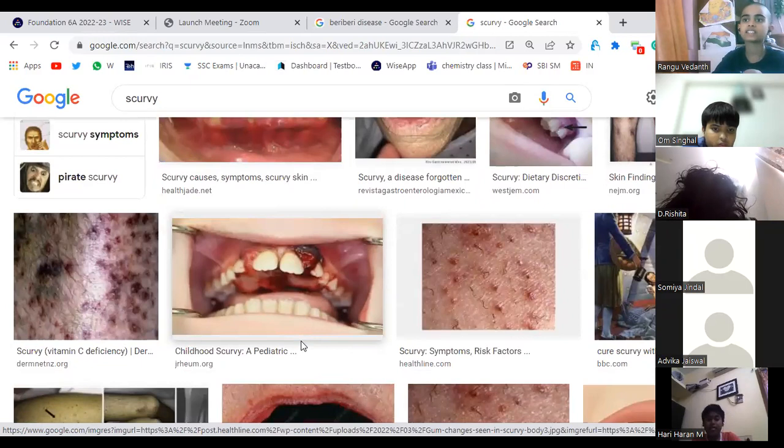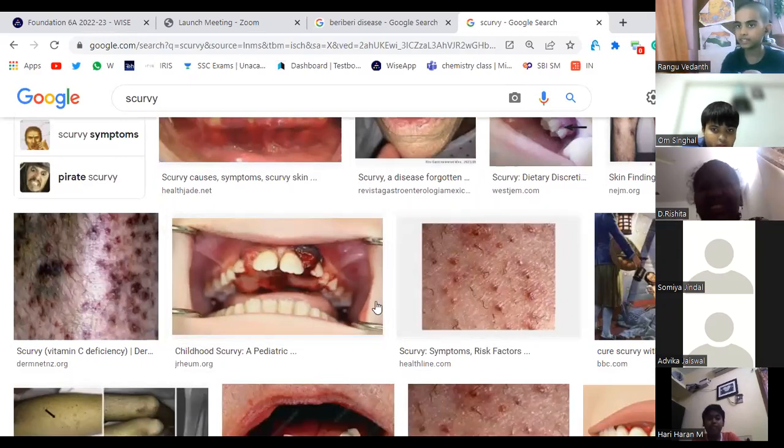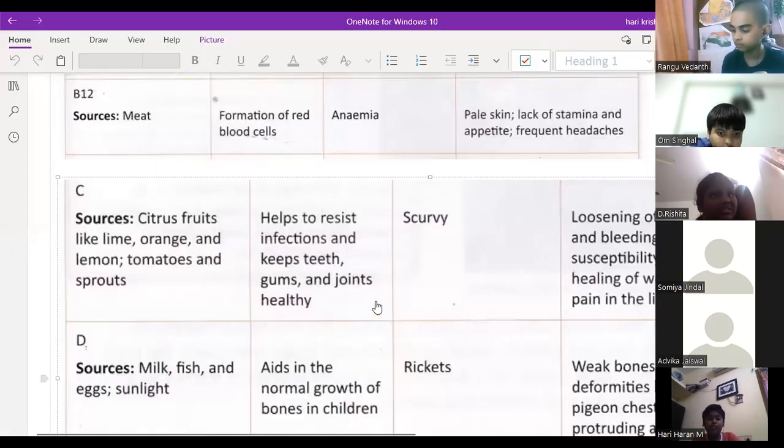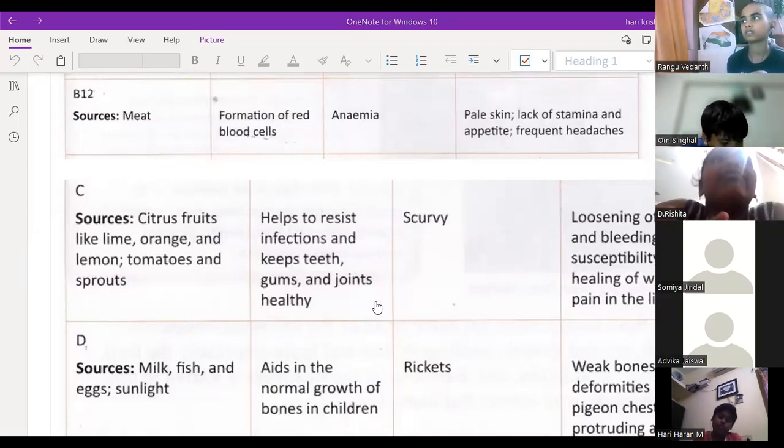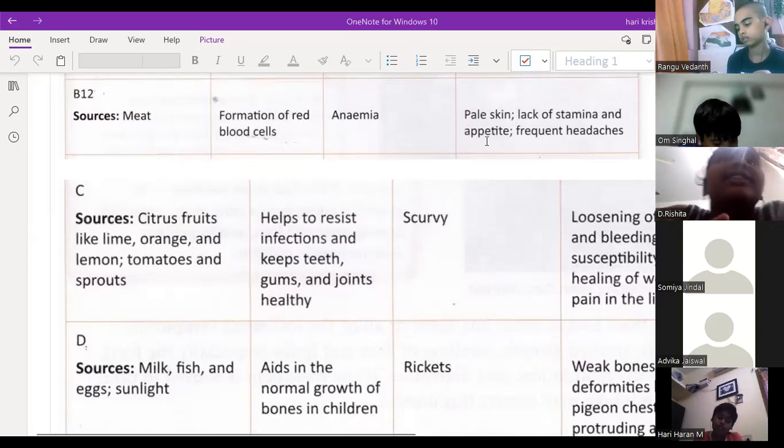Does it have a cure, sir? Yeah, the cure is there. When you take the proper vitamin C again, you can avoid scurvy. If we won't have enough vitamin C, scurvy will be caused, and if we have it, scurvy won't be caused.